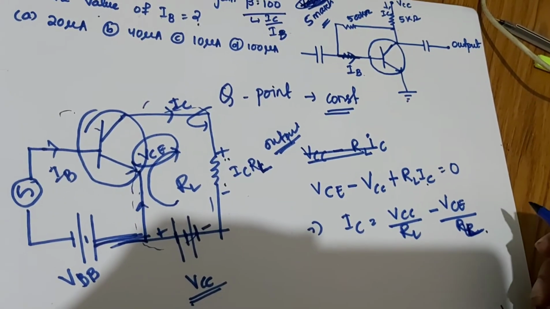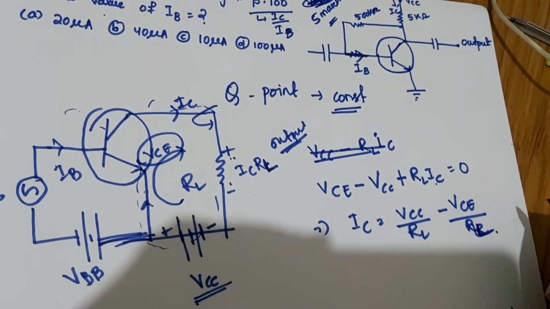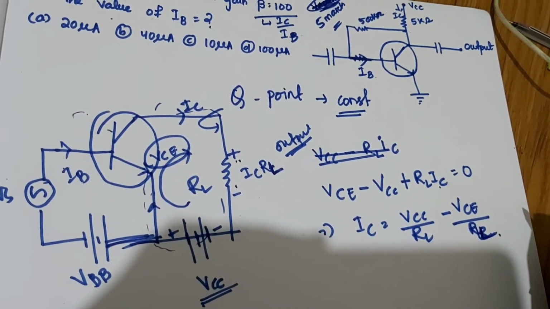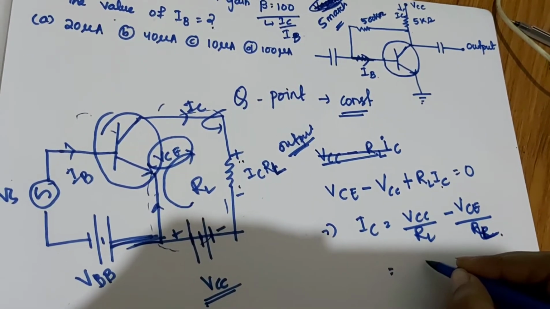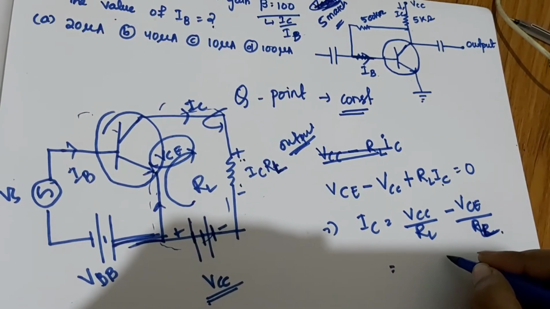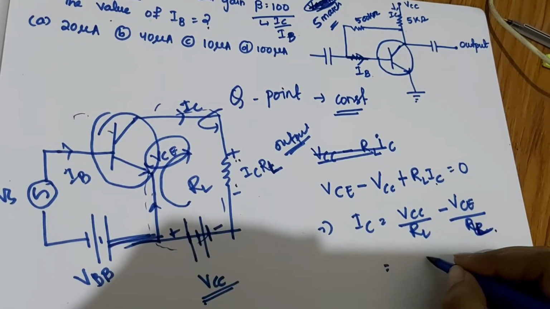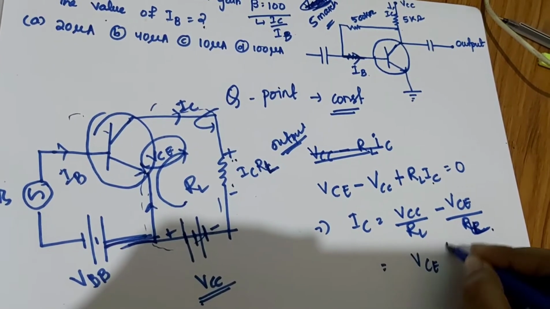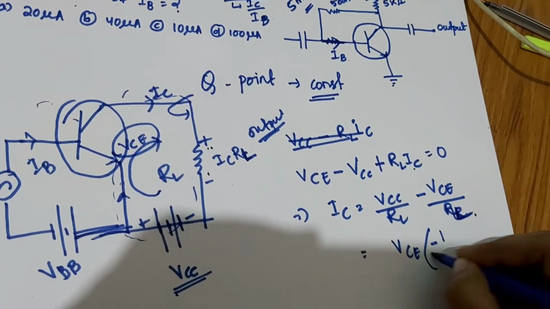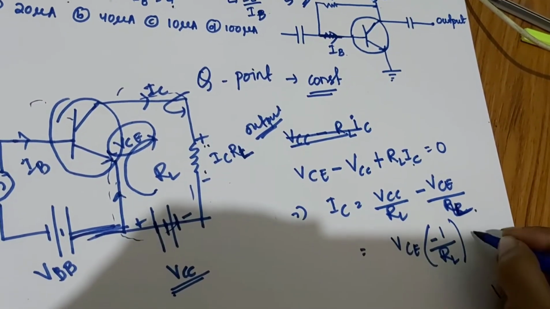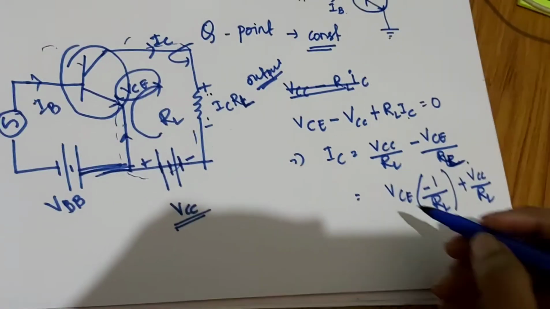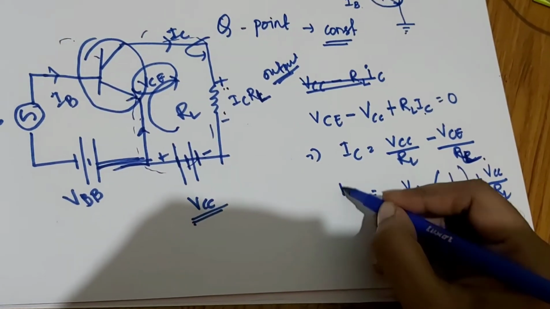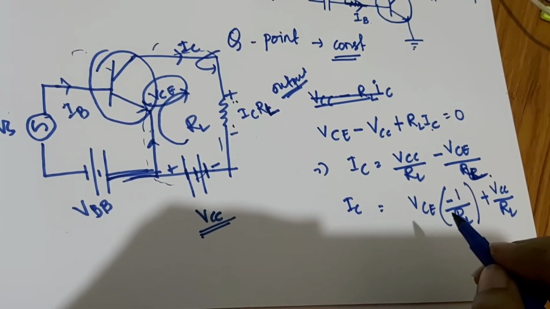If I take VCE common, I will get minus 1 by RL plus VCC by RL. As you can see, this is my IC.